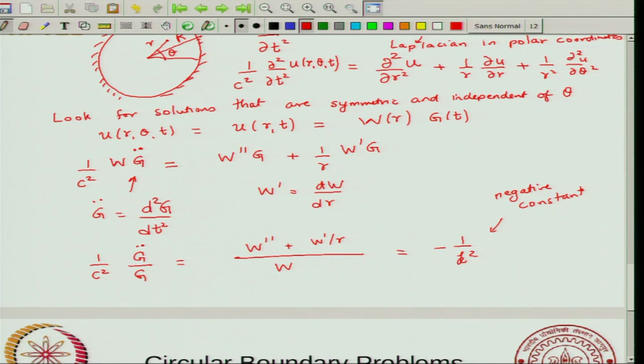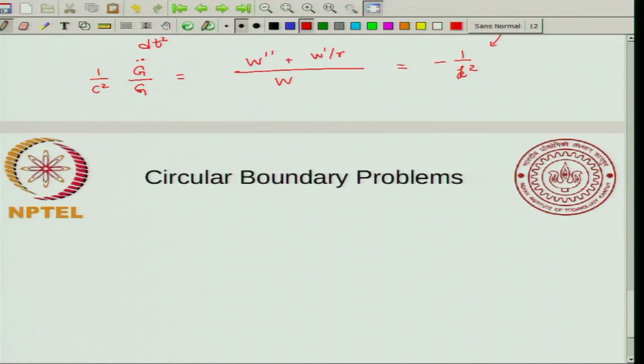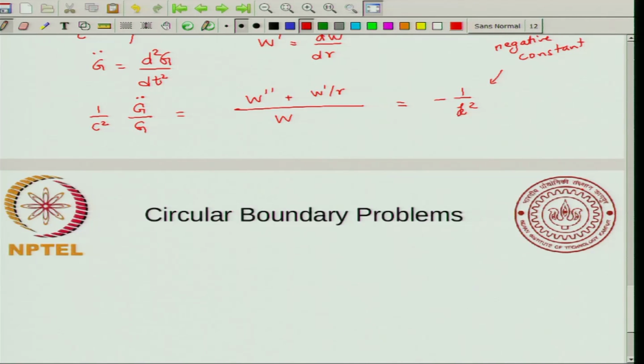This is just a choice; we just call it minus 1 by k square. Now I am interested mainly in the differential equation for w. I can write it in the form r square w double prime plus r w prime plus, multiplying by r square, r square by k square w equal to 0.